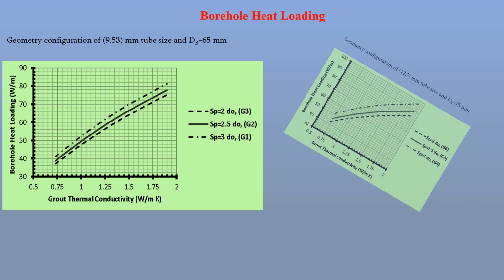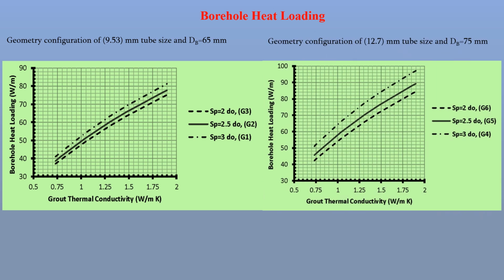And similarly, we have another design when the geometry composed of 12.7 millimeter tube size and D bore equals 75 millimeter for different tube spacing. Again, we have got the same behavior.